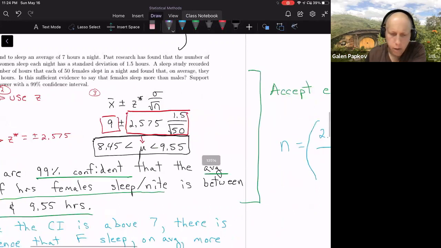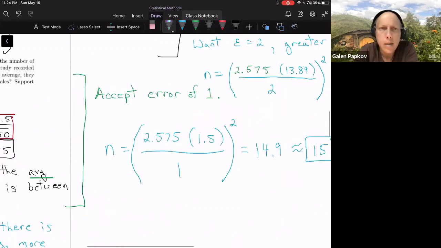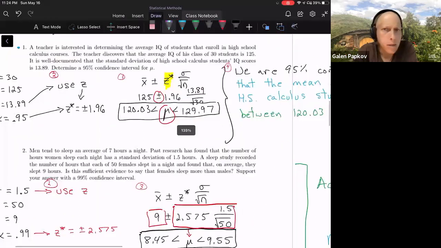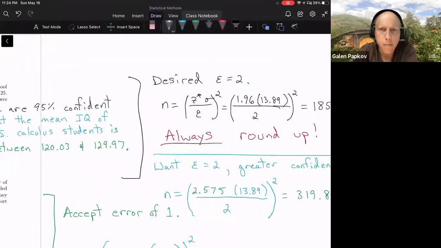What about for problem 1? All right, so for problem 1, over here, in this case, maybe I desire the error to be 2. And so what I'm going to do is the same process that we've been going through, Z star times sigma over epsilon, square all that, and find out what that is. And so Z star is 1.96.